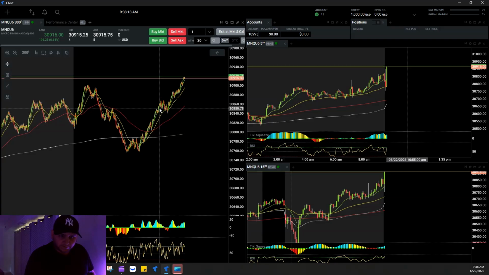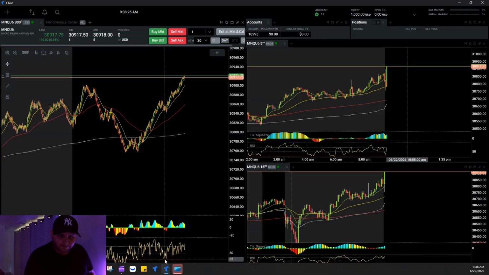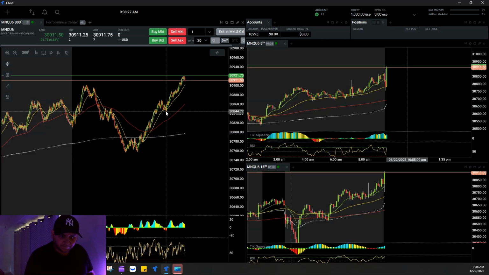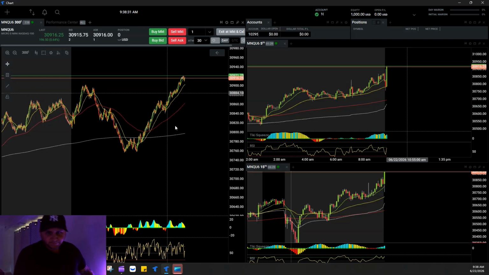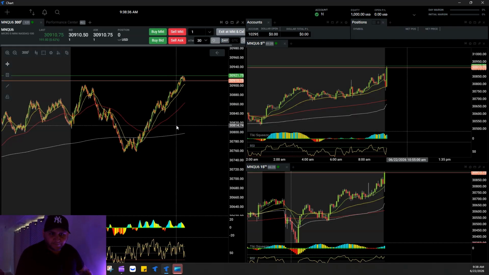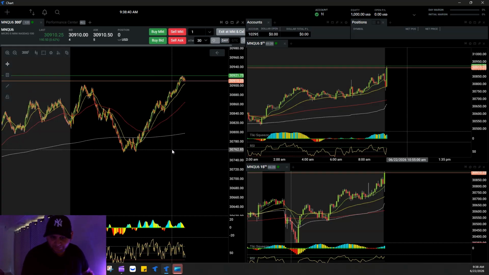So it kind of reset, and then you can see how it goes right here, and then it pings down here, rejects, and then shoots for another leg. That would have been a good entry, around in here. Then I would have probably targeted up here.